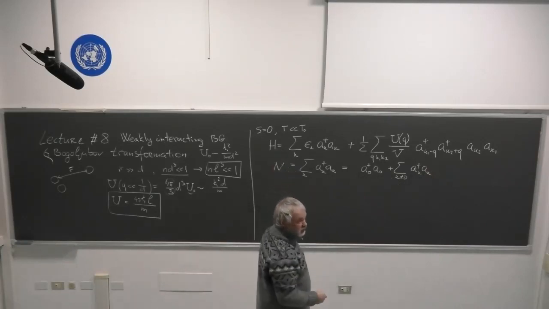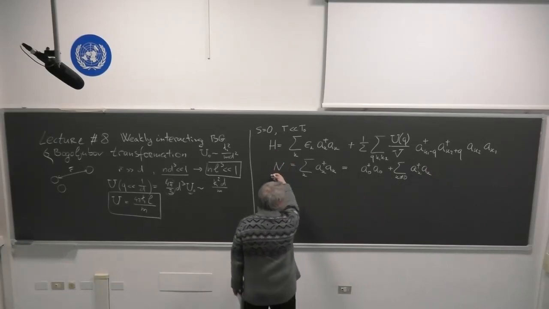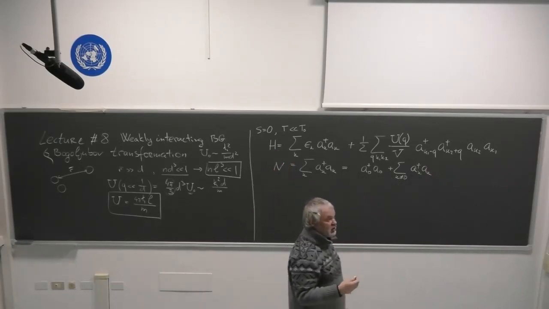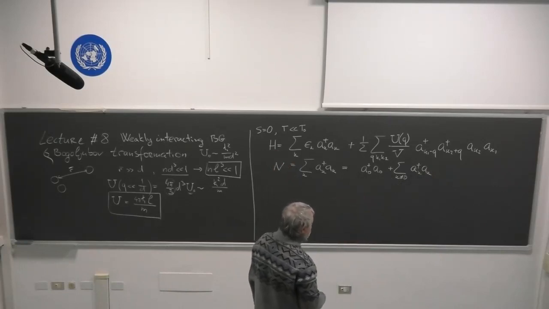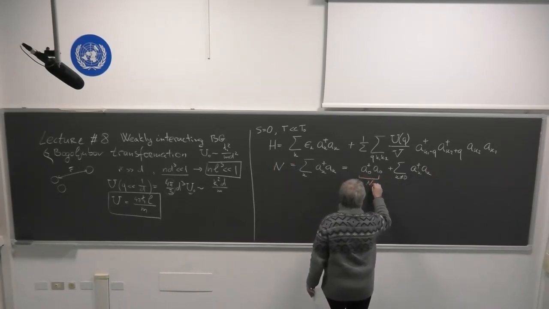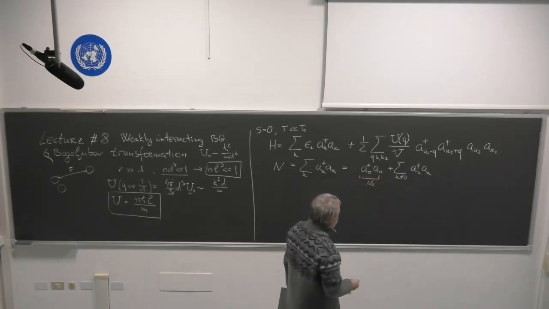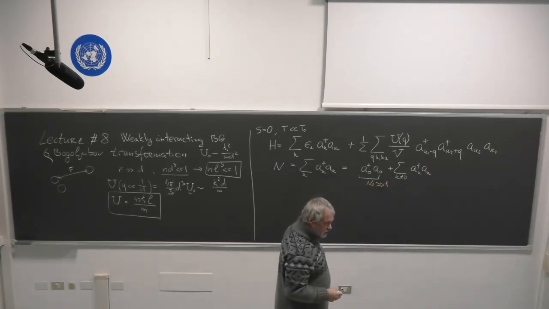The expectation value of the Hamiltonian gives me energy. This is an operator of the number of particles. The expectation value of this operator divided by volume gives me the density of the particles. What I see from here is this N_0, and N_0 is a macroscopically large parameter.